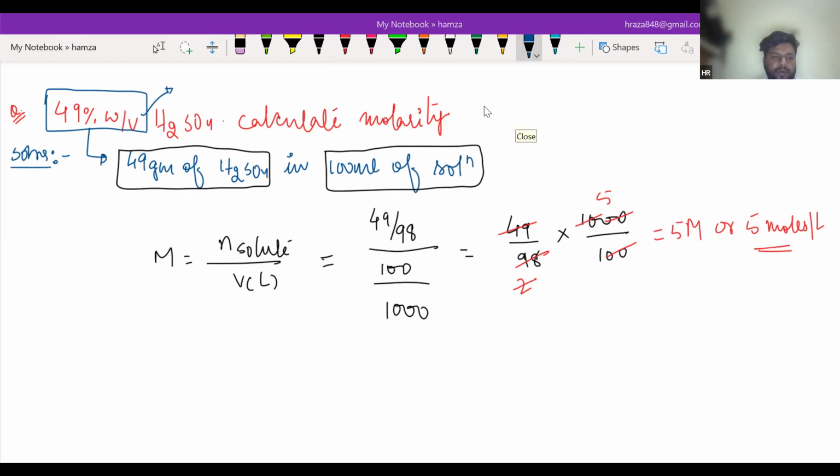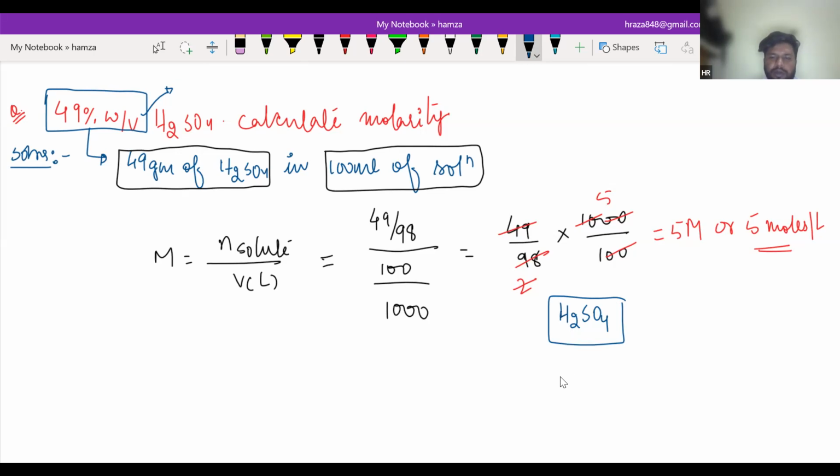That's a good question. If you have any doubt regarding anything, ask me. How do we know 98? So basically, I have done a lot of practice. That's why. Molar mass is the sum of individual atomic masses. Sum of individual atomic masses is called molar mass or molecular mass.